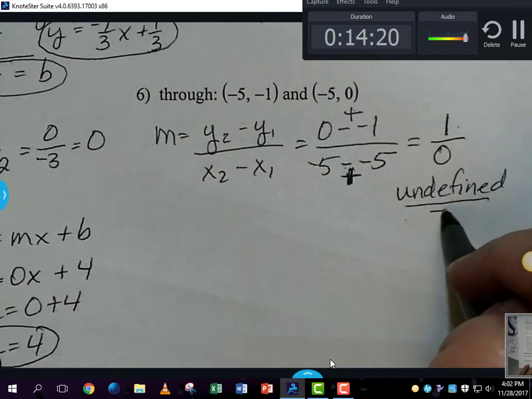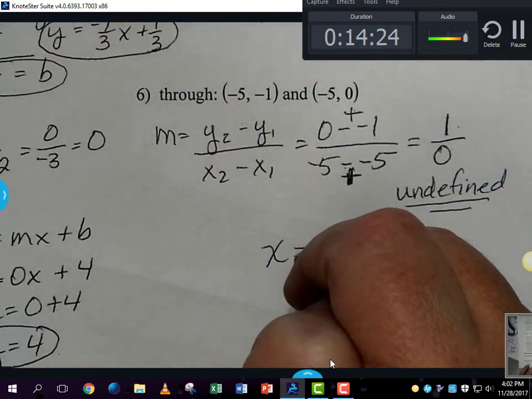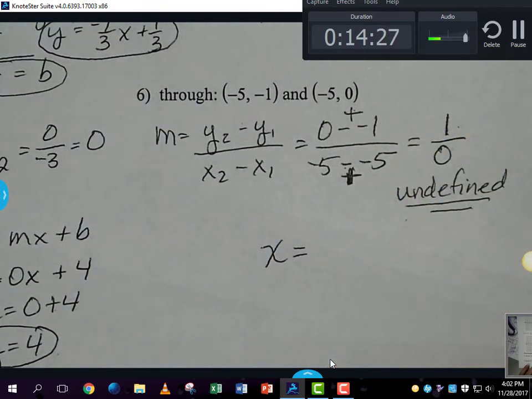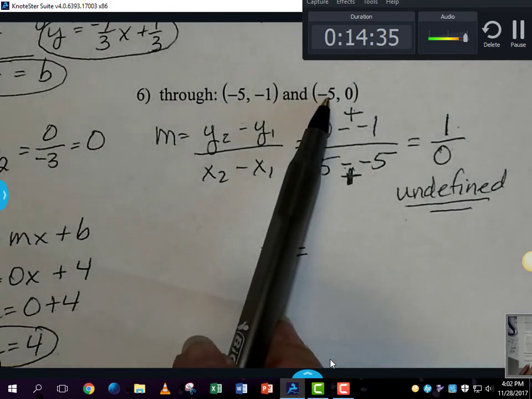Whenever you have something with an undefined slope, it means it starts with the letter x. There is no y value in it at all. And then how will you know what x value? Well, look at the values of x right here. They did not change, and they're both negative 5.